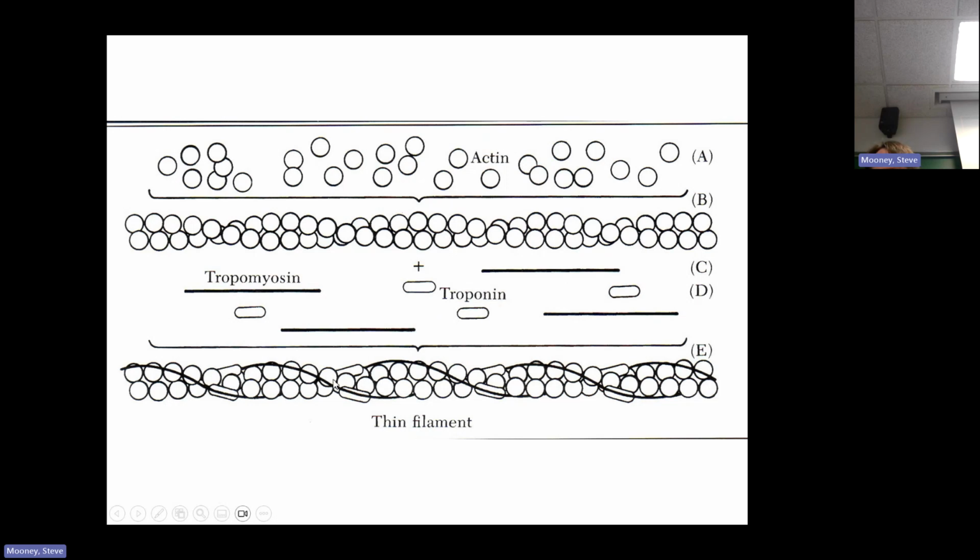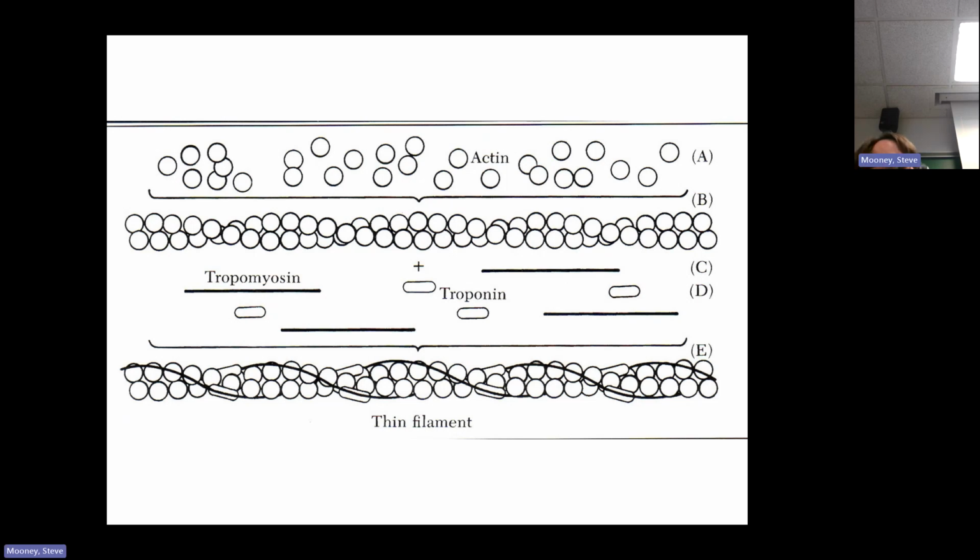They need to line up on top of our actin helix. So you've got the black lines, tropomyosin, strings of those going around up and down, and then you've got the troponin at different intervals attached to that tropomyosin. Did we talk about what the purpose of those two proteins are?